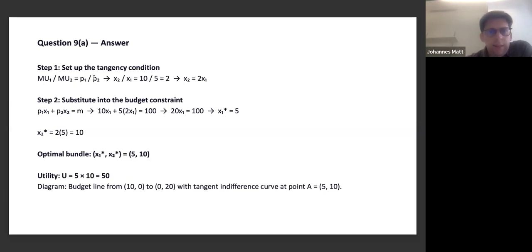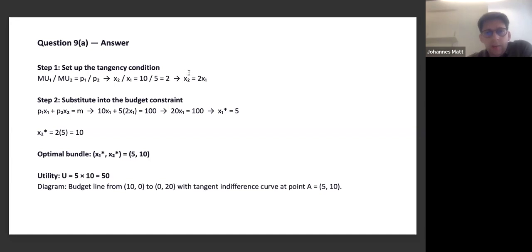The price of steak was 10 and the price of vegetables was 5, so the relative price is 2 in this economy, right? Now that really says that at the point where I maximize my utility level, the ratio of marginal utilities has to be equal to 2 here.